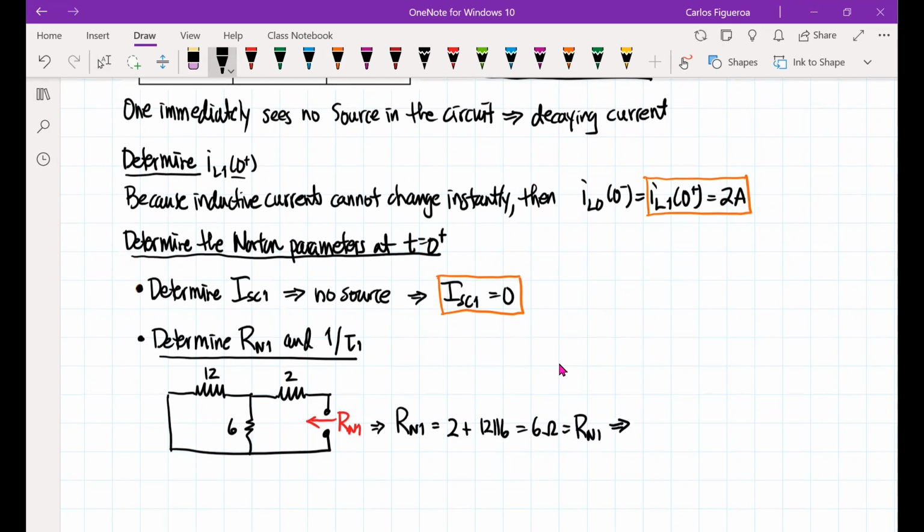So then that tells me that my time constant, which will be 1 over tau 1, is going to be Rn1 divided by L, which will be 1 Henry. So then I'm going to get 6 hertz, and that's going to be 1 over tau 1.